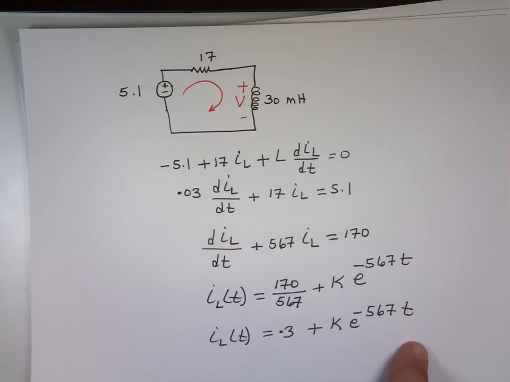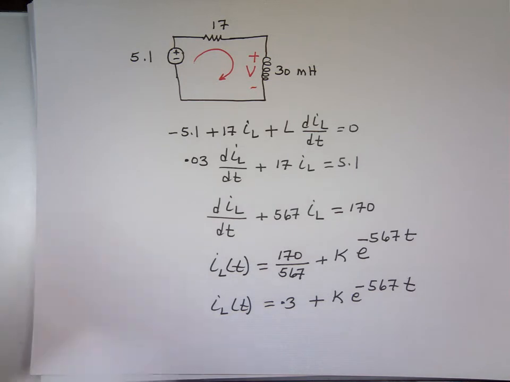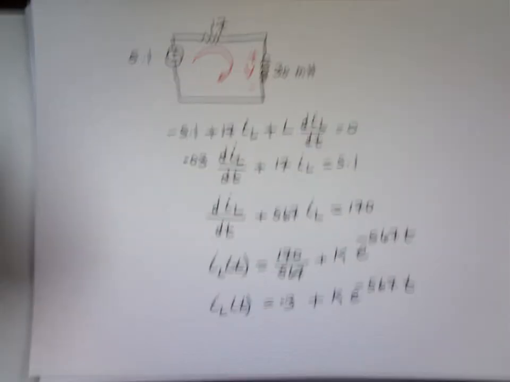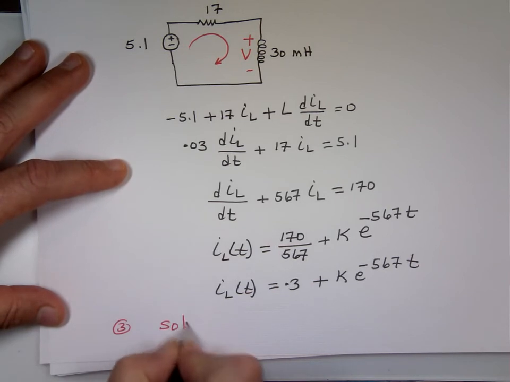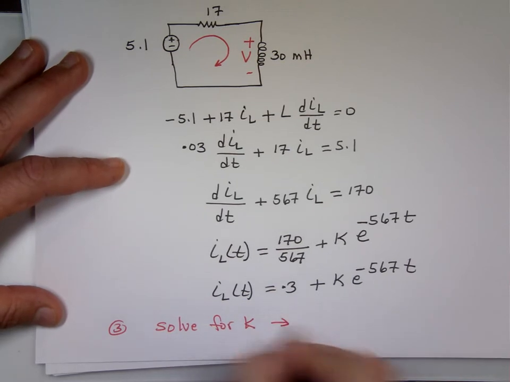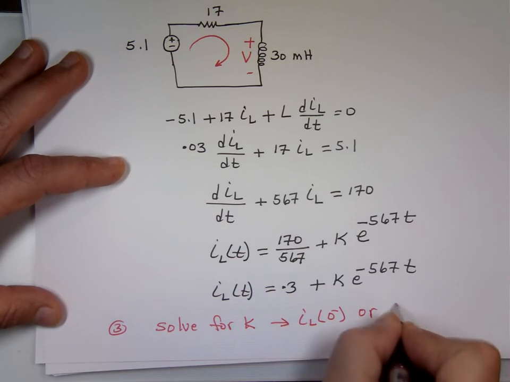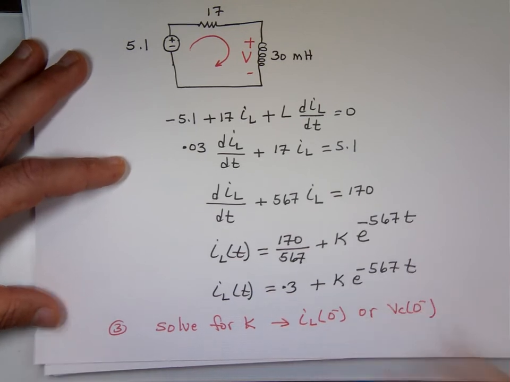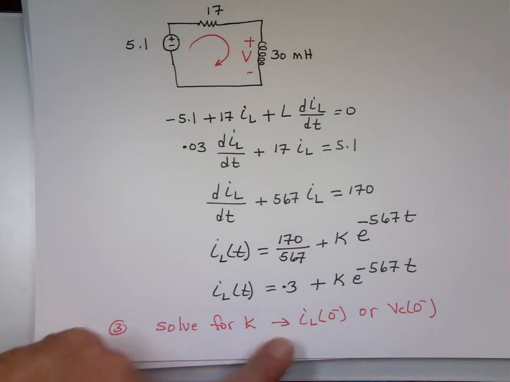Step number 3 is what? Find K. Solve for K. How do you solve for K? You're going to use either I sub L at 0 minus or VC at 0 minus. It depends what kind of circuit you have. In this case, we have I sub L at 0 minus, which happens to be what? 0.2?